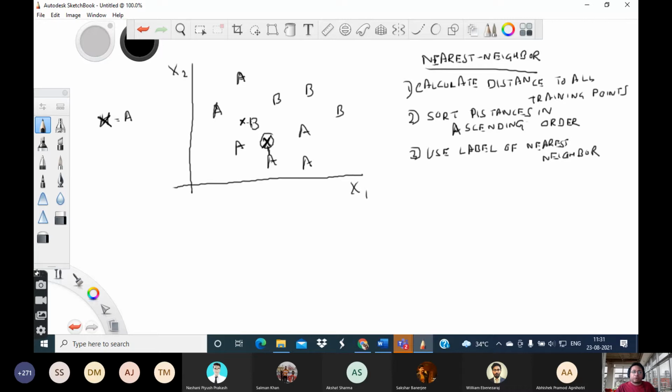So according to this algorithm, I may classify this as B. But as someone just said, this point lies in a place where the density of A is high, but the closest point turns out to be B, right? So in that case, does it make much sense to classify it as B?